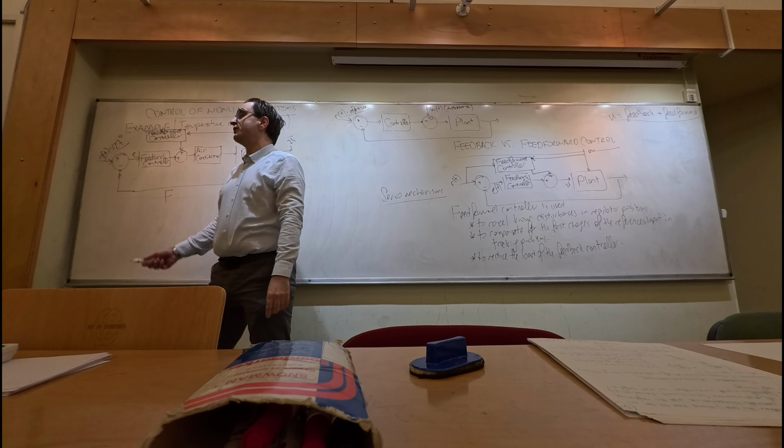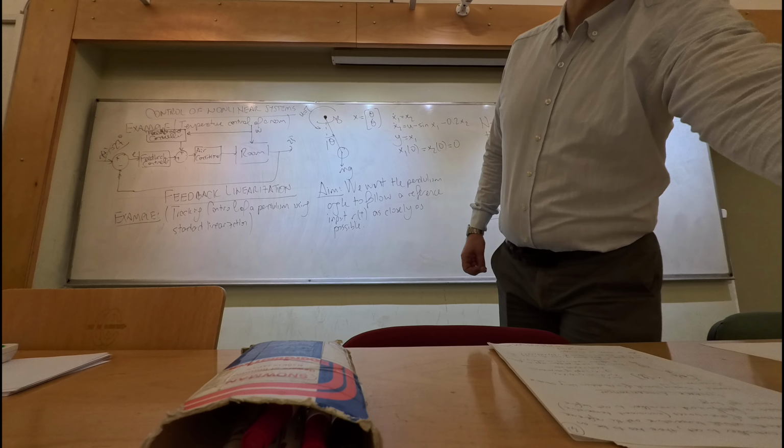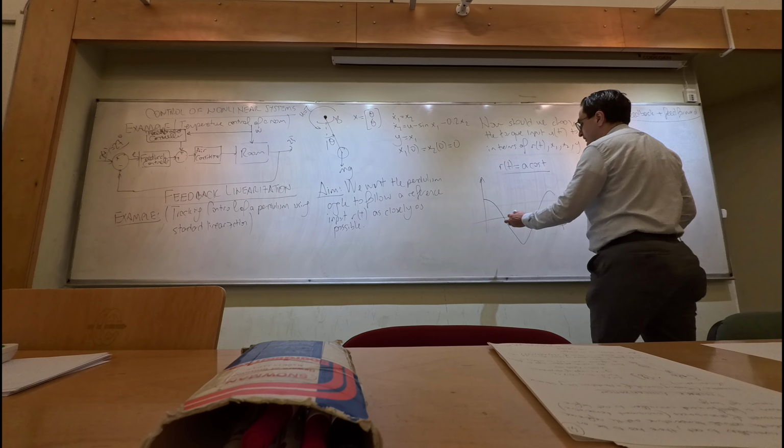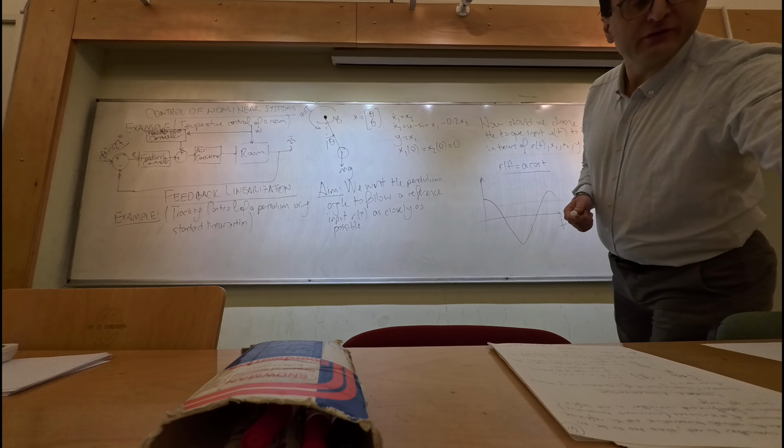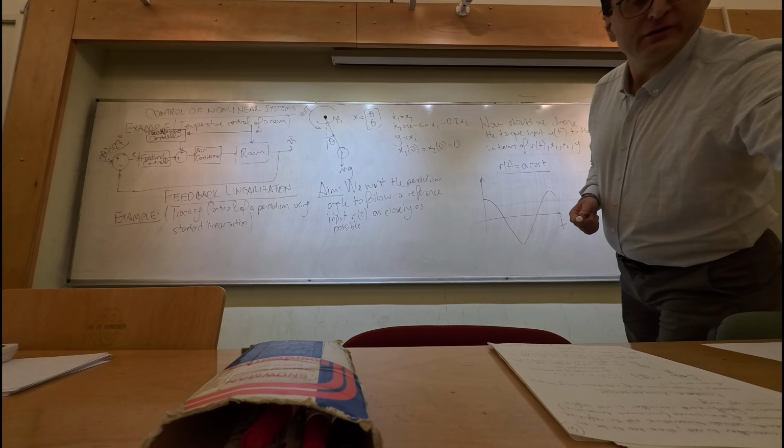So here, what I want to do, for example, is that if r of t is a times cosine t, let us say that r of t is this sinusoidal signal. In that case, what we want is the following. So this is time, and cosine of t is a signal that is looking like this. And the pendulum output is going to be initially at the origin. So this signal here is r of t with respect to time.